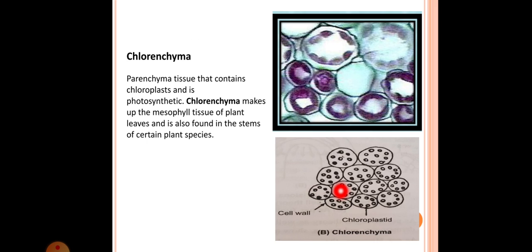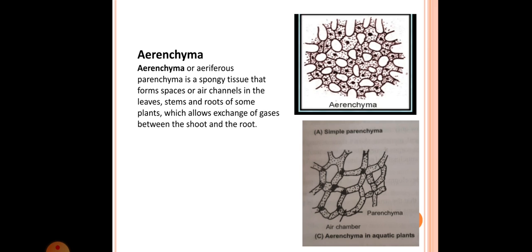Here you can see the figure of chlorenchyma. Next, the aerenchyma. Aerenchyma or aeriferous parenchyma is a spongy tissue that forms spaces or air channels in the leaves, stems and roots of some plants, which allows exchange of gases between the shoot and root. Here you can see the picture of aerenchyma.